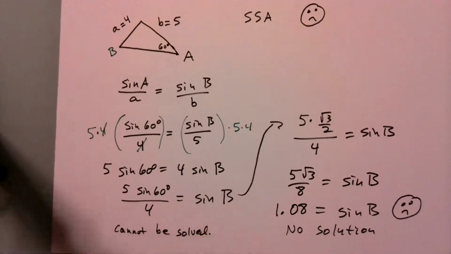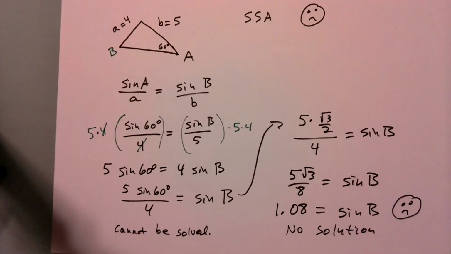But the issue is when we have SSA, yes, you may have no solutions, which is what we have here. You could have two solutions. You could have one solution. So the SSA case really is the most interesting case for us to look at. But it can be unpleasant, again, because we're not exactly sure how it's going to turn out.